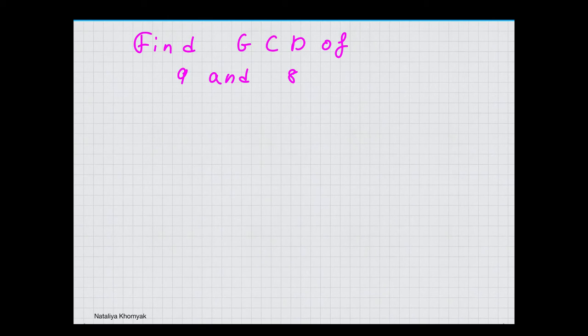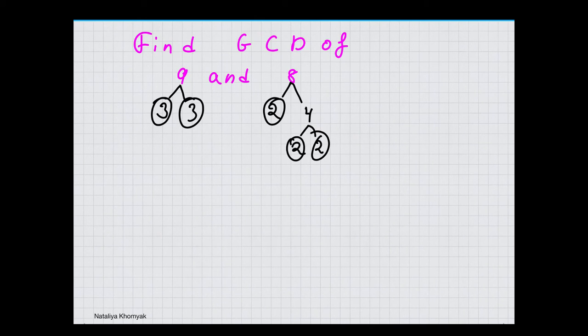Let's find GCD of 9 and 8. 9 can be factored into 3 times 3, and 8 can be factored into 2 times 4, and 4 is a 2 times 2. So let's find our GCD.